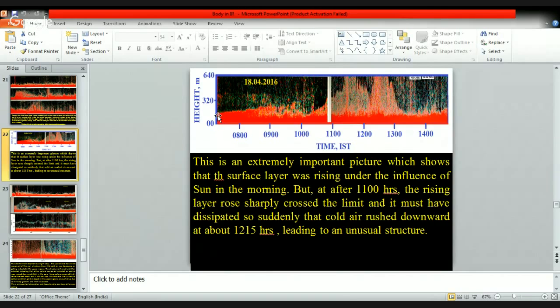Secondly, suppose my thickness of inversion is 150 meters, and if I have to install a factory where the pollutants have to be liberated, then the chimney height must be above the inversion height.